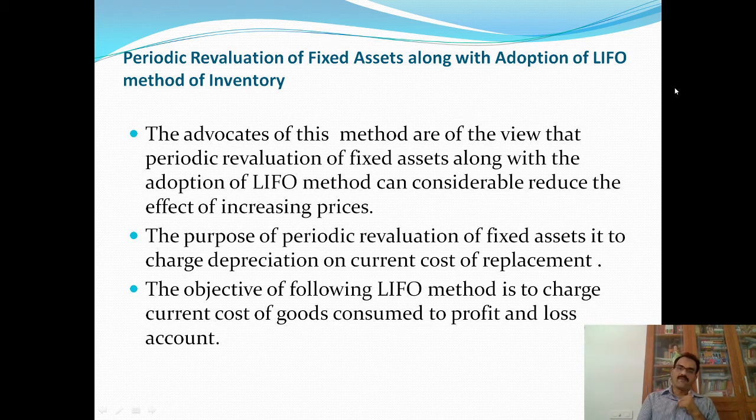The objective of following LIFO method is to charge current cost of goods consumed to profit and loss account. Last in, first out. So we are charging the current price, the last purchased price, for the cost of goods.